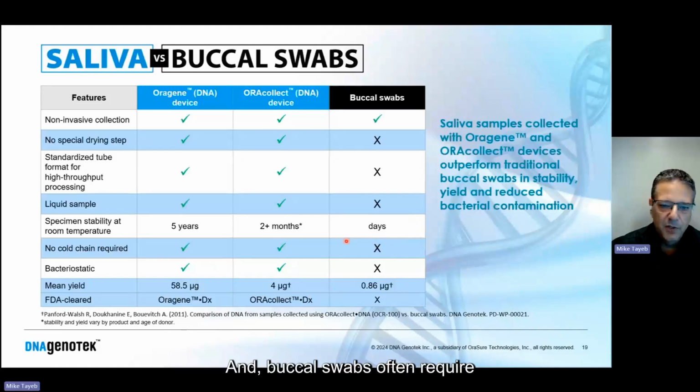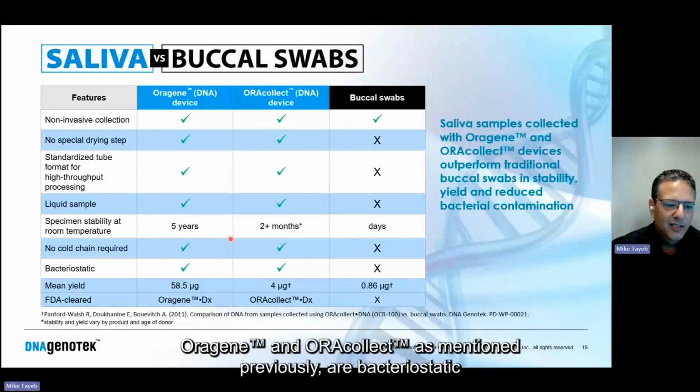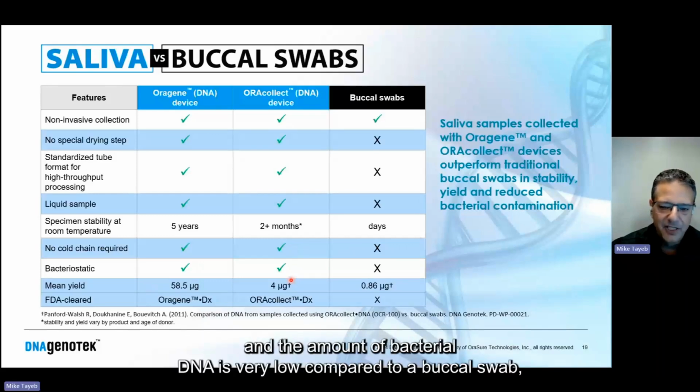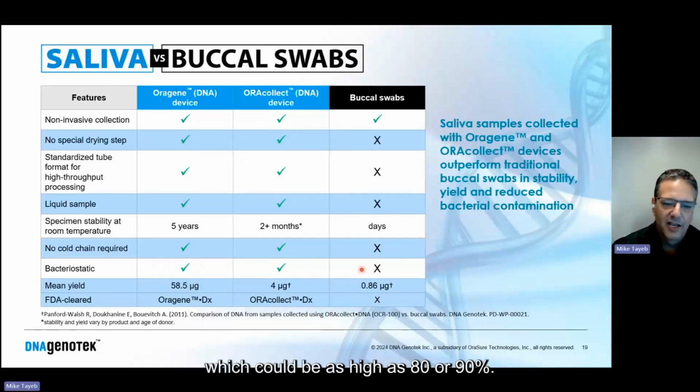And buccal swabs often require drying in order to get stability. There's no cold chain required at all for Oragene or OraCollect in order to get that stability. Oragene and OraCollect, as mentioned previously, are bacteriostatic, and the amount of bacterial DNA is very low compared to a buccal swab, which could be as high as 80 or 90%.